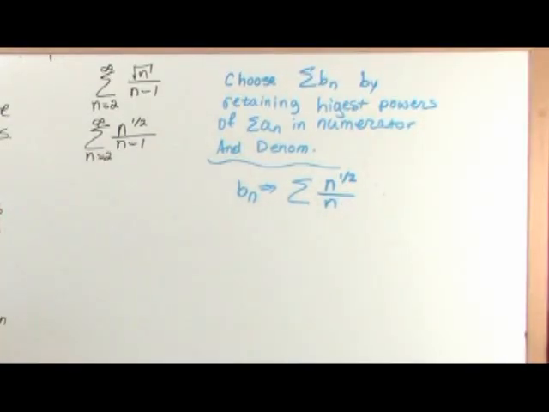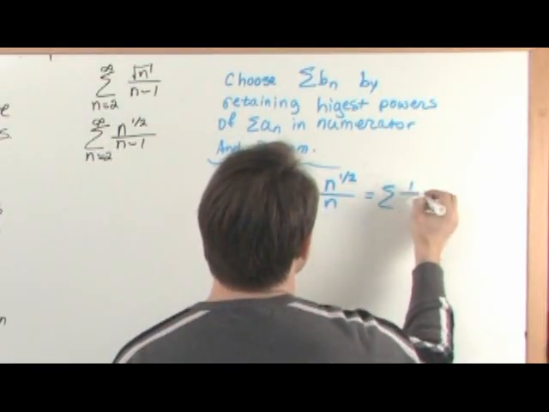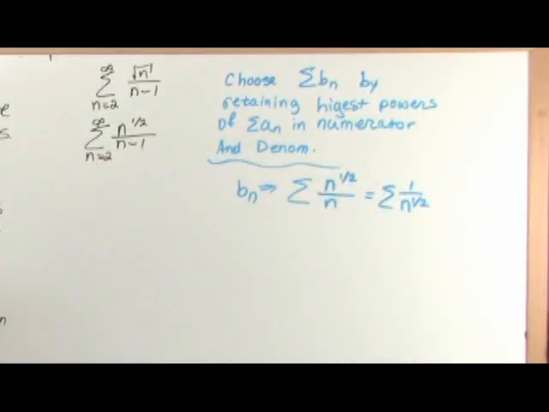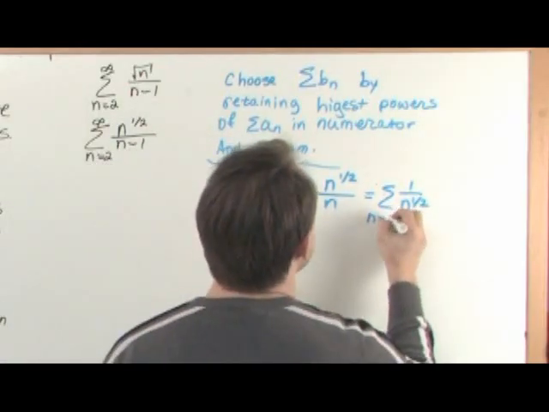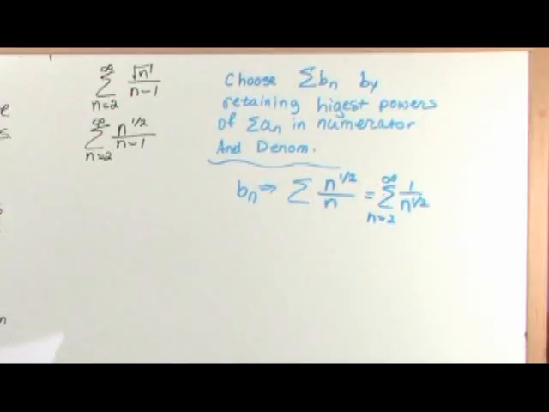That's what my b sub n is going to be, my first starting point. And you can simplify this, and this is going to be 1 over n to the 1/2, because you can subtract the exponents, and it's going from n equals 2 to infinity because it has to start from the same place as the original series, and so that's the b sub n that I'm going to use.